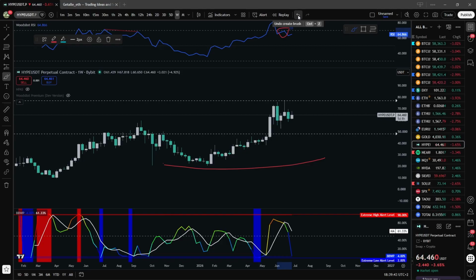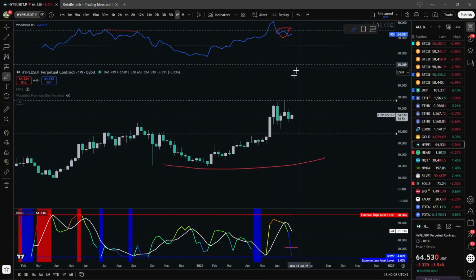So what this says to me is that HYPE is probably not gonna pump like crazy in the coming weeks. Volatility is quite dead at the moment as well, so I don't expect any major new all-time highs for HYPE in the next 2 weeks.